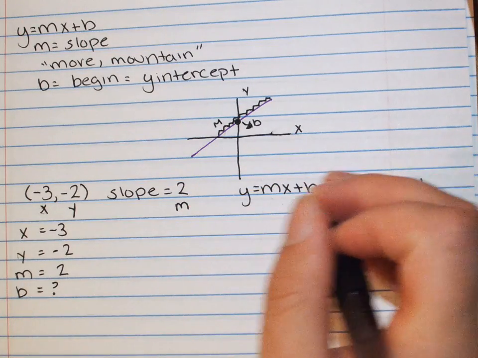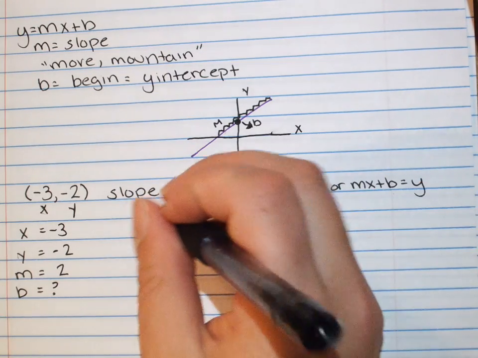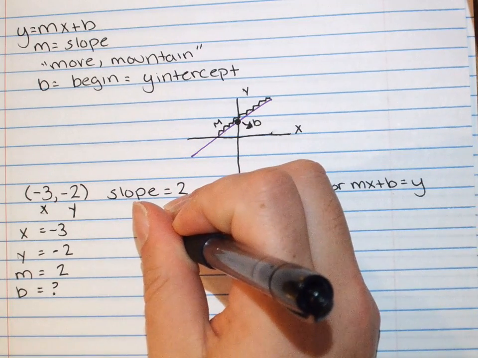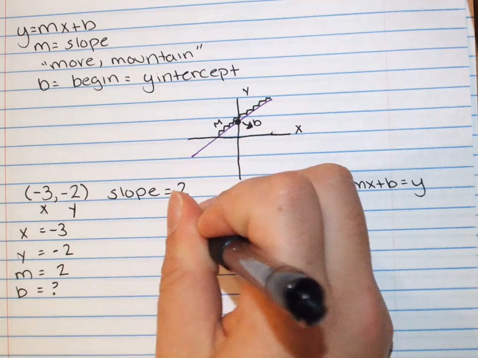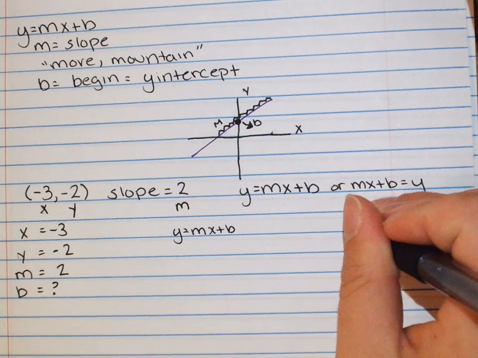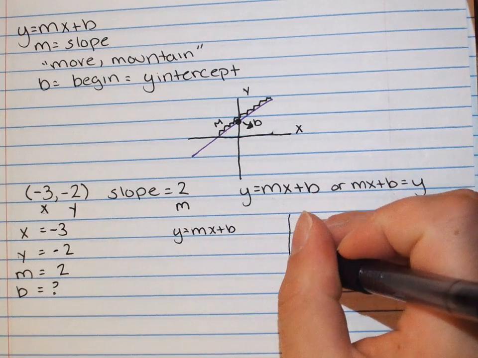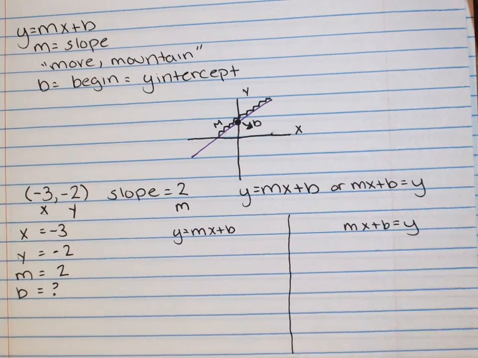So the very first thing we need is y. So I'm going to do it both ways. So this way, this side is going to be y equals mx plus b, and this side is going to be mx plus b equals y. And I'm going to just draw a line in between them. Okay.